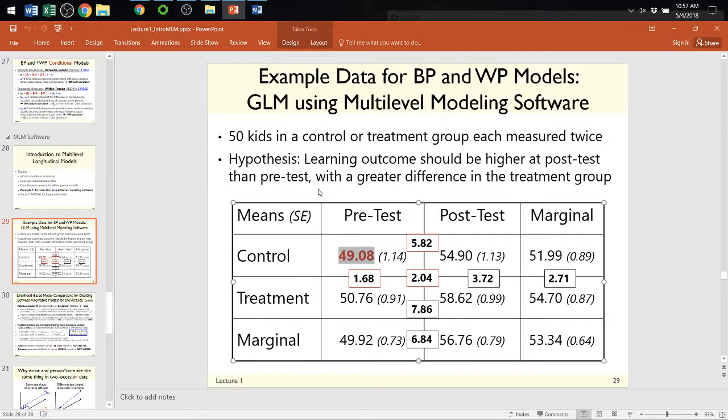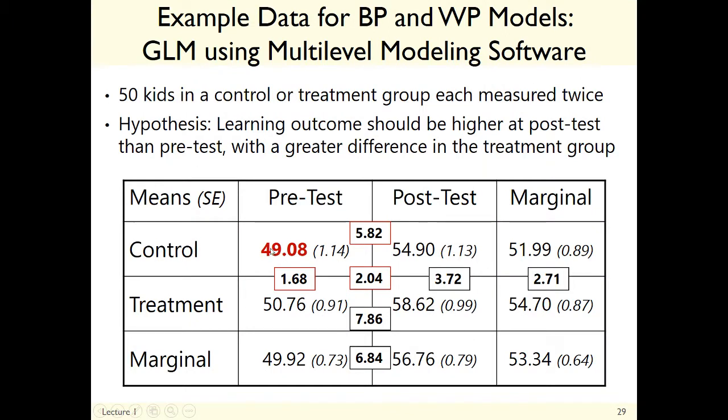So of the possible fixed effects, we get 49 as my intercept. We get this simple main effect between pretest and posttest for control. We get this simple main effect between control and treatment at pretest, and we get the interaction.